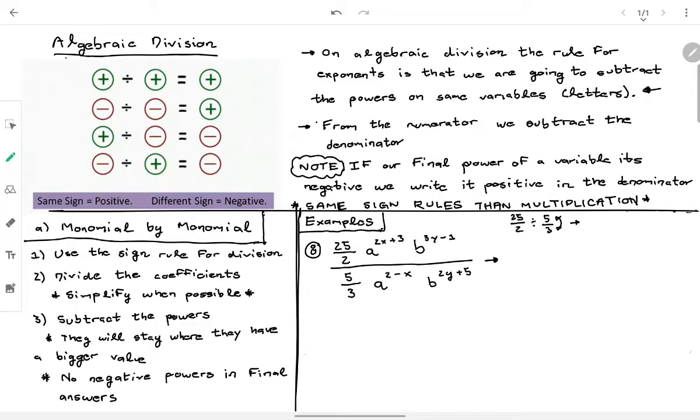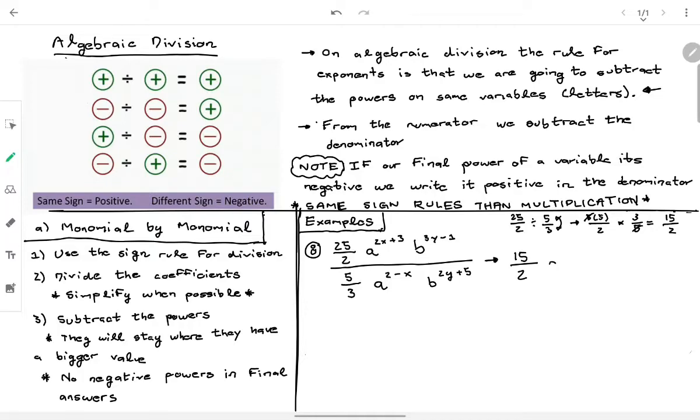So we can put it like a 5 multiplied by 5 halves multiplied by 3/5. So we can simplify 5 with 5, so it's going to be 15 halves.